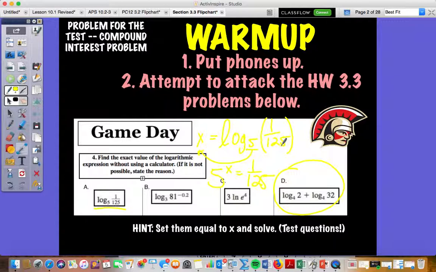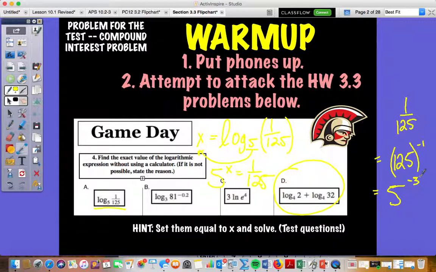Yeah, just in case you can't make that jump, 1 over 125 we could turn into 125 to the negative first. And then 125 we could say would be 5 to what power? Good, so in total this would be 5 to the negative 3, right?